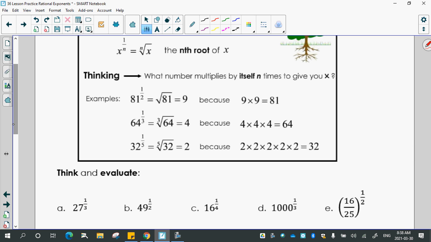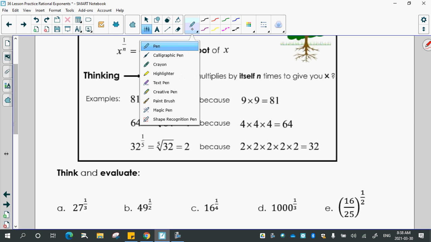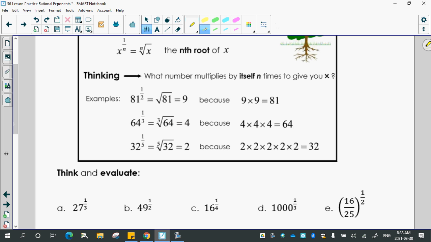What number multiplies by itself twice to give you 81? 9. 64 to the 1/3 would mean what number multiplies by itself 3 times to give you 64, and that's 4. What number multiplies by itself 5 times to give you 32? That number is 2. That's what nth root means.